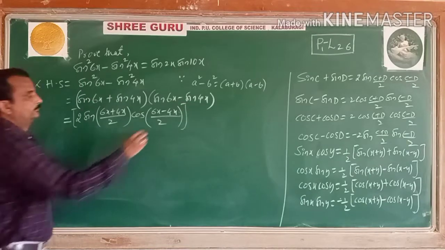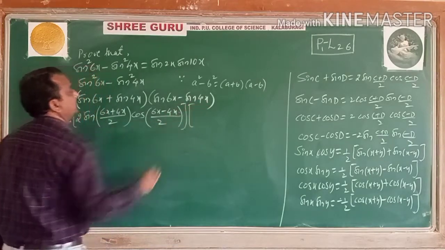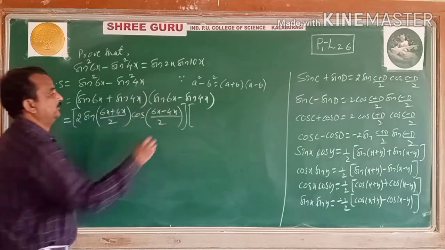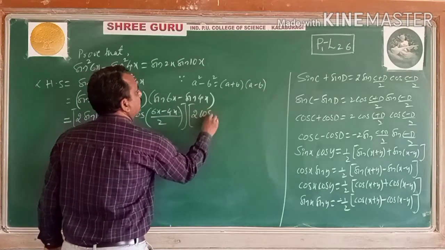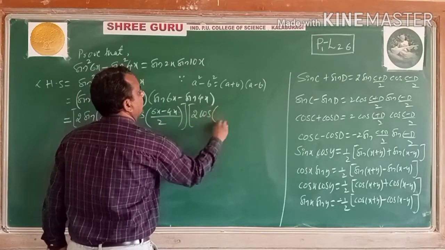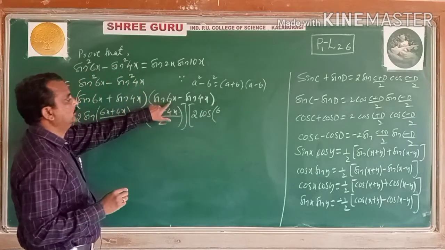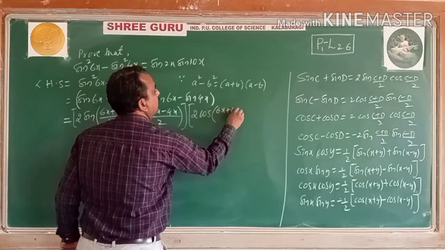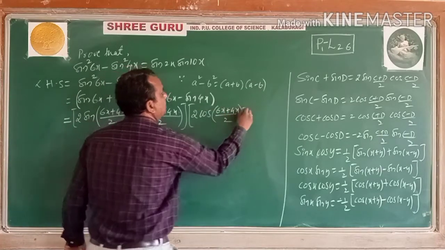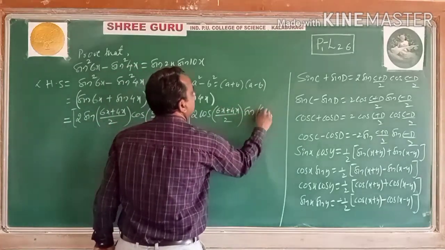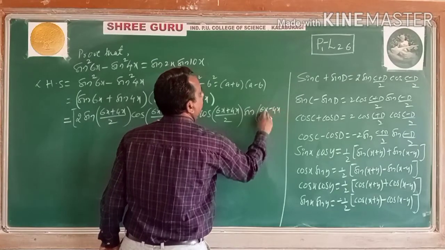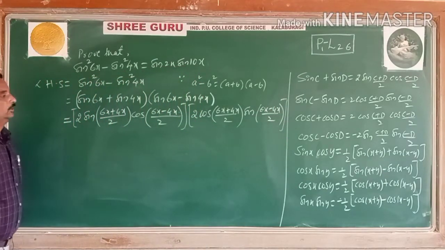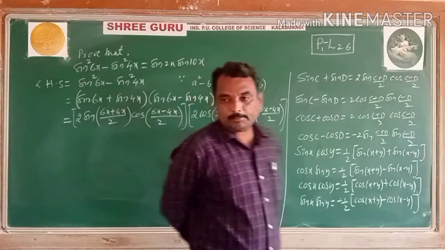Into the bracket, sin c minus sin d: first cos, then sin. 2 cos of c plus d by 2 into sin of c minus d by 2.